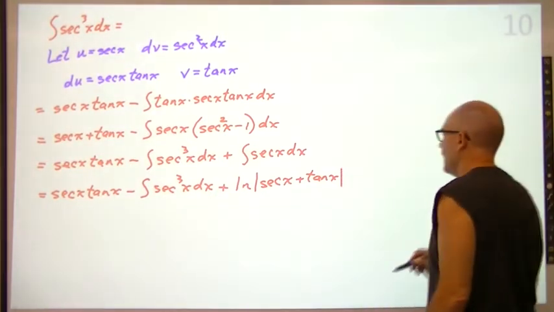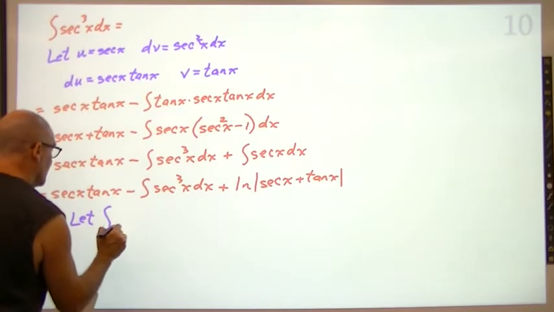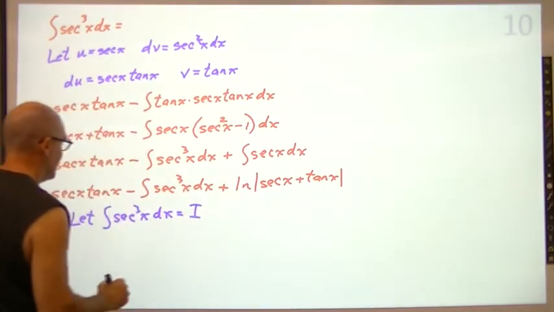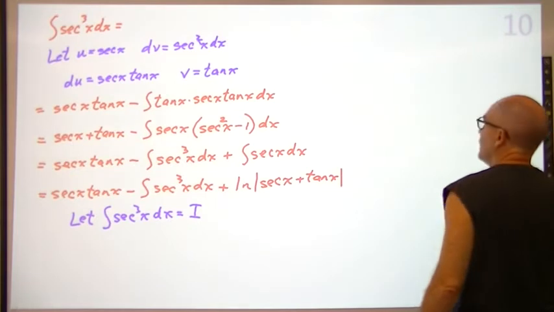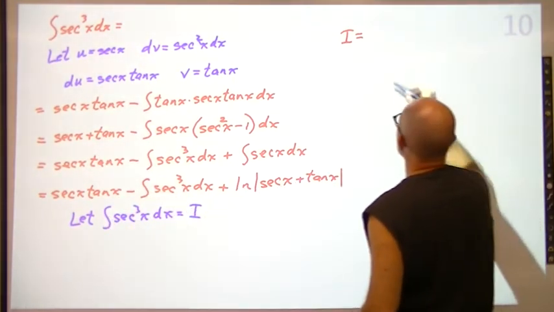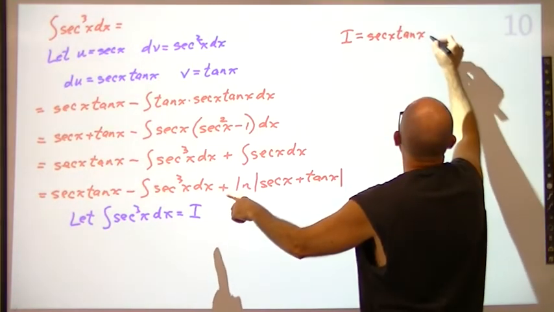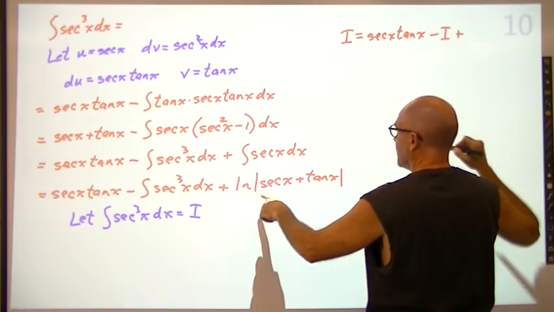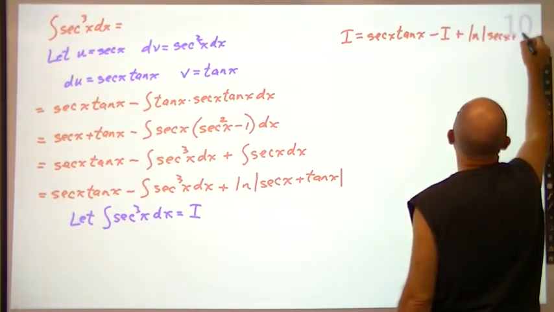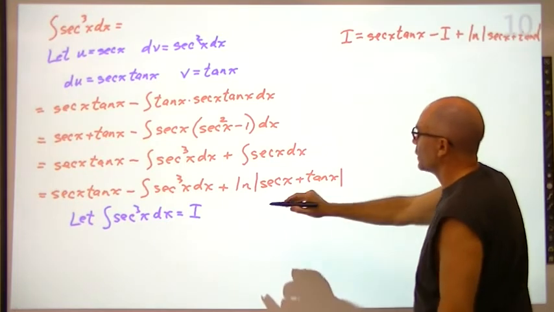So what we're going to do is that same trick I showed you a little while ago, and that is let the integral of secant cubed equal I. That means what we have is I equals secant tangent minus I plus natural log secant plus tangent.